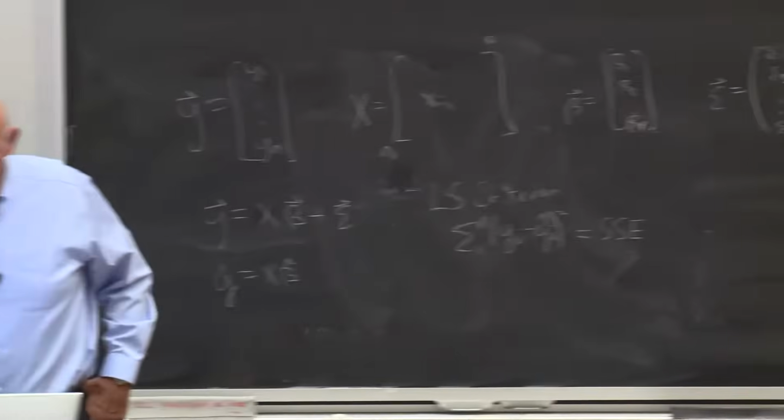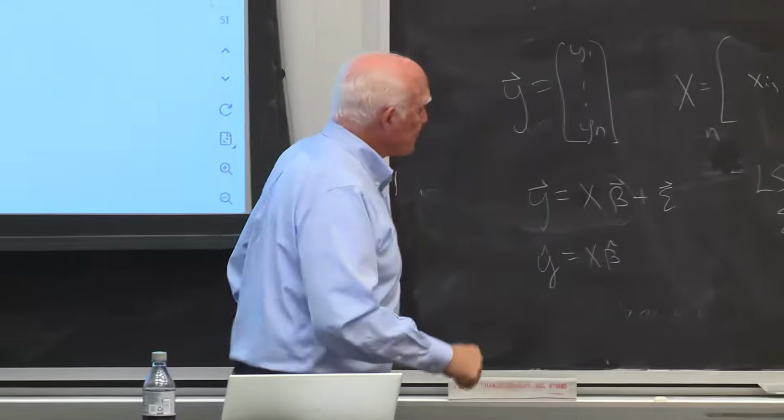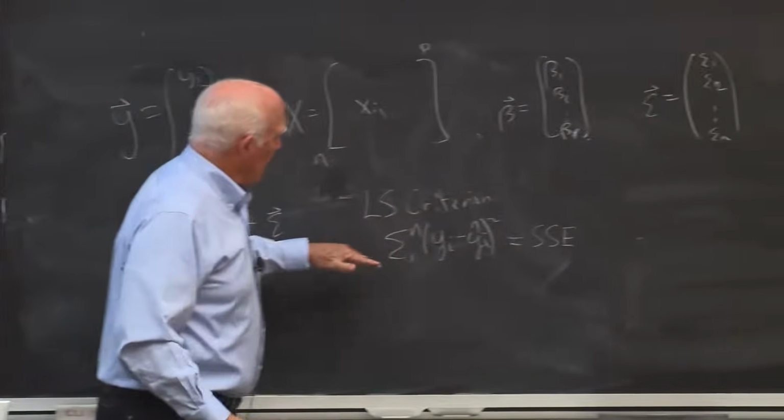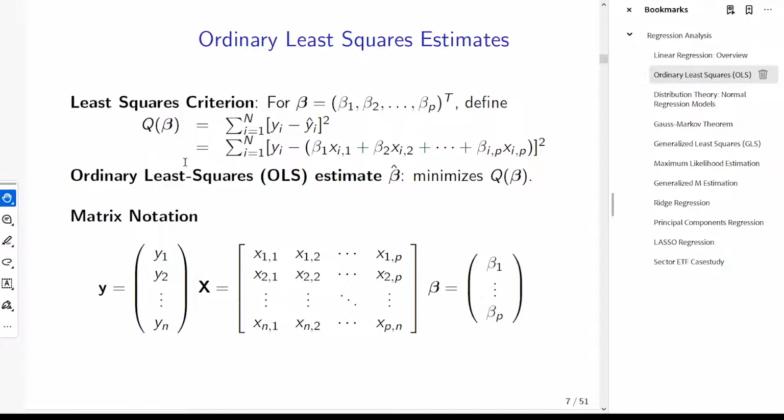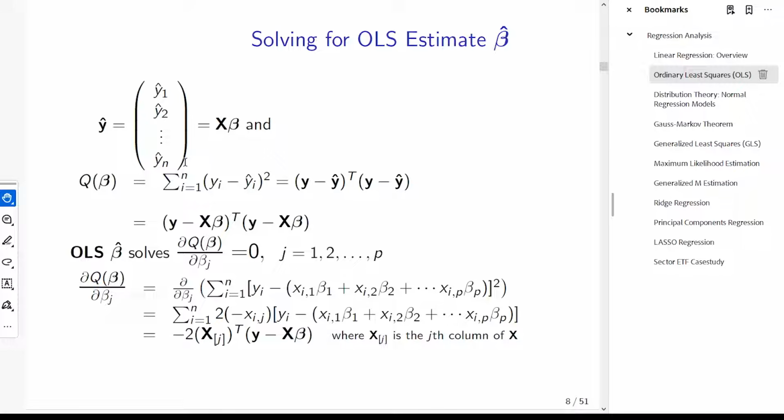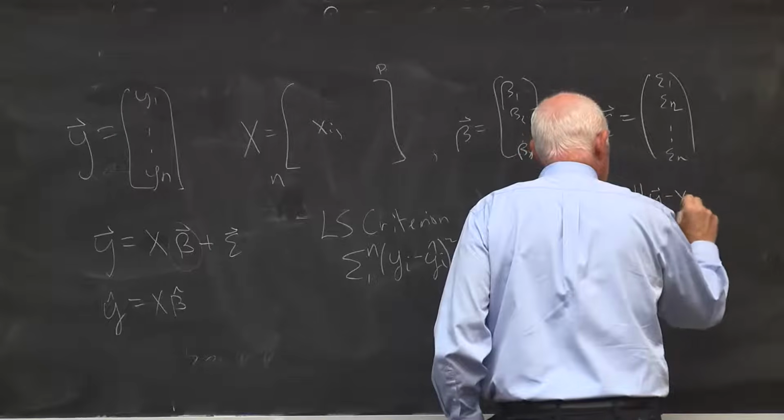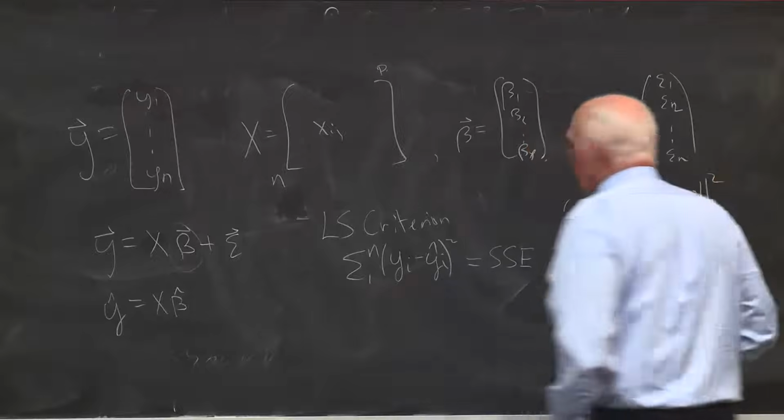Now, minimizing this can be done just with simple calculus. We can plug in for y hat in the formula and have this sum of squares criterion, which is simply y minus x beta transpose y minus x beta. So we have q of beta is basically y minus x beta squared.